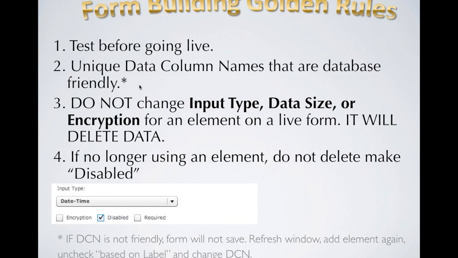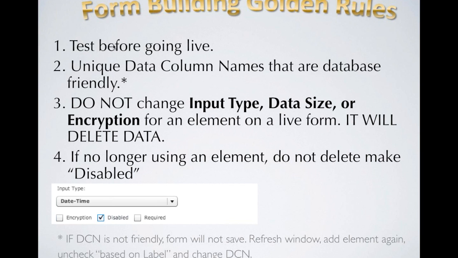The next point here is to make sure that you have unique data column names that are database friendly. So you may want a label that the user sees to say location. Now that sounds great, but the label can be location, just the data column name can't be location, because that is, to us, a term that's used in our database, so it's not considered database friendly as a data column name.